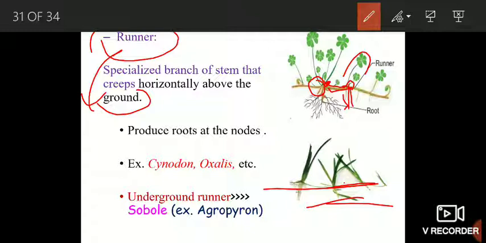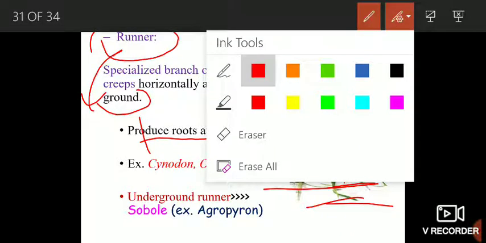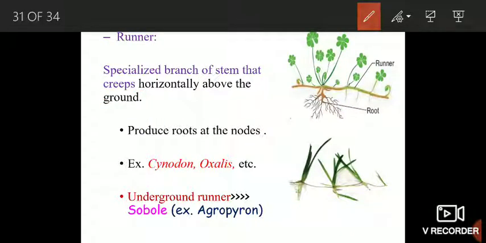Since the runners grow above the surface of soil, they are green in color. One more important feature: this is the runner from here to here. This runner can have nodes on it, or it cannot have a node on it.